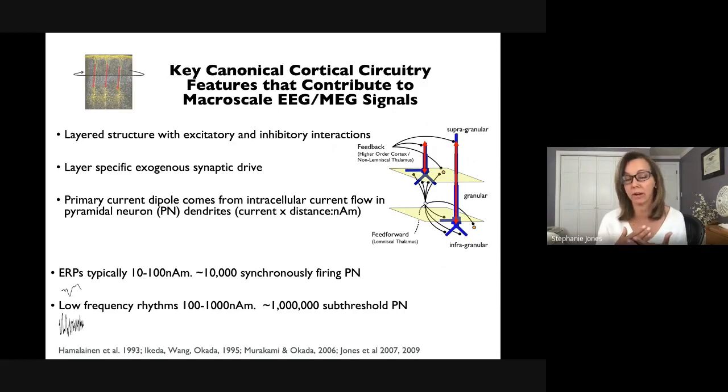They're thought to be generated by on the order of tens of thousands of synchronously firing pyramidal neurons. These low frequency oscillations are huge. They're much bigger, 100 to 1,000 nanoampere meters, and they're thought to be generated by the subthreshold activity of on the order of 1 million pyramidal neurons. So it's not that the whole brain is spiking at some 10 hertz oscillation, but you've got some big modulatory current flow across a swath of cortex that creates these low frequency oscillations.